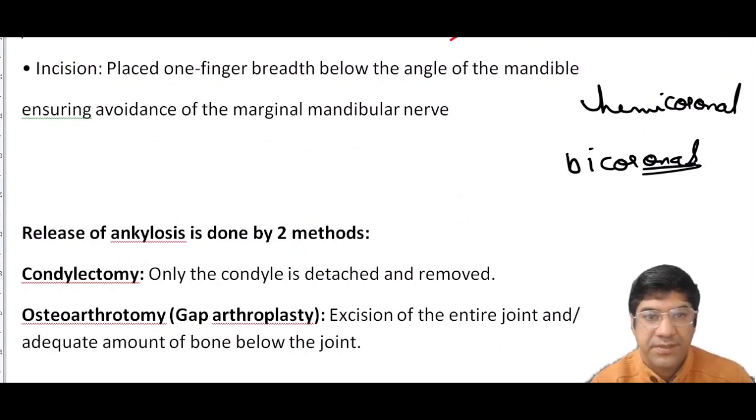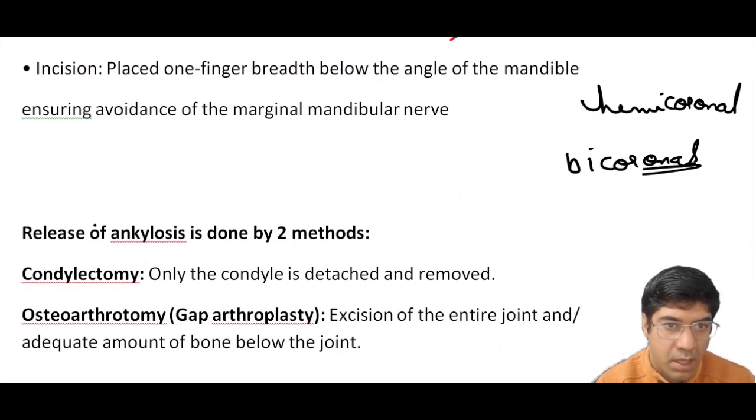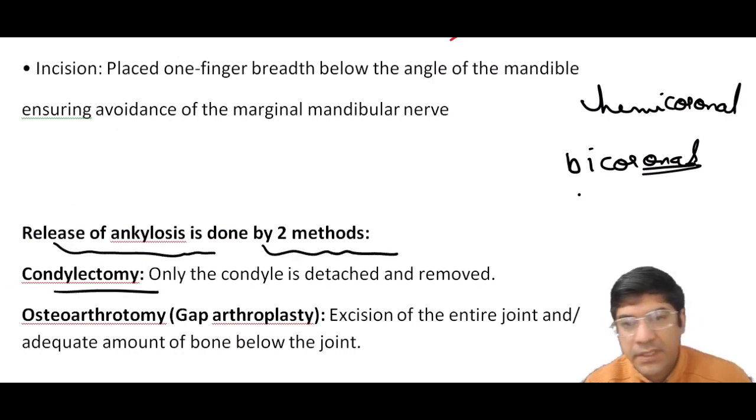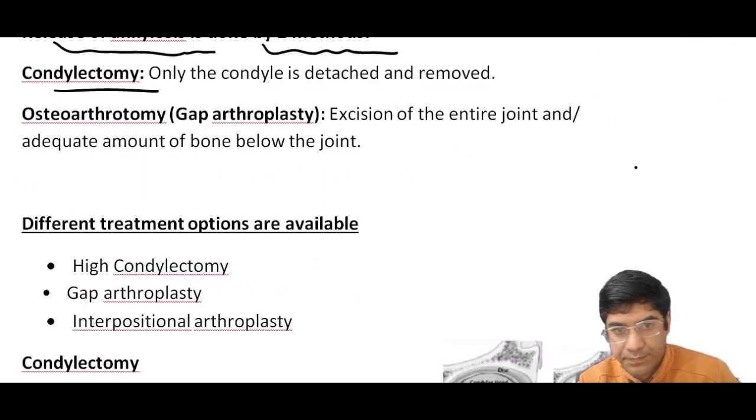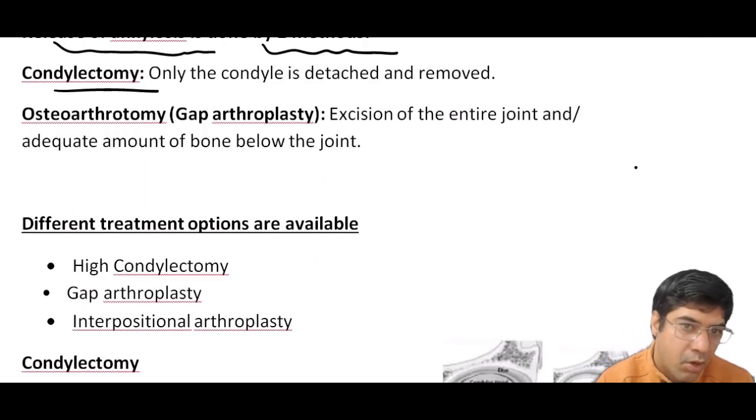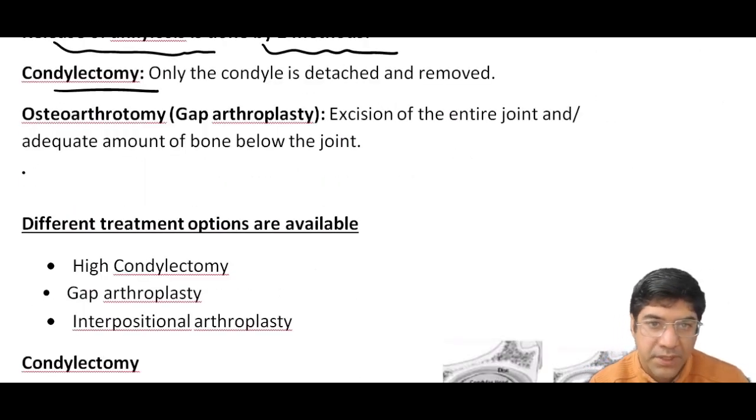Now let us discuss how you would release the ankylosis. It can be done by two methods. One is condylectomy, in which the condyle is detached and removed, and the other is gap arthroplasty. What are the treatment options available for ankylosis? The first is high condylectomy, second is gap arthroplasty, and third is interpositional arthroplasty.